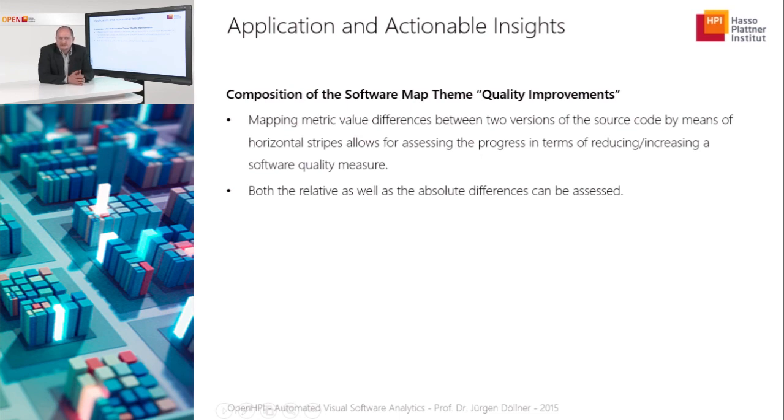The horizontal stripes are used to assess the progress in terms of reducing or increasing the software quality measures. Both the relative as well as the absolute differences can be assessed this way. So this is an example of a software map that uses the advanced features with respect to the visual variables they have.